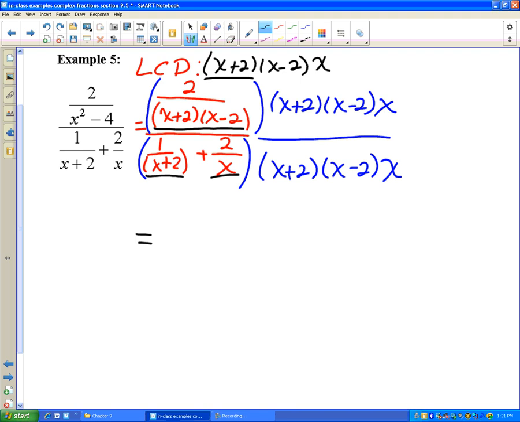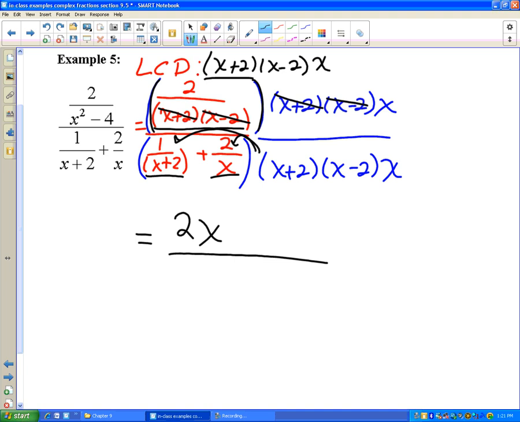One more time. Since this is one fraction in my LCD, in my numerator, in my top, I can go ahead and just cancel out what I have in common, the x plus 2 and the x minus 2, which leaves me with 2x. In my denominator, I'm not so lucky. I have to distribute over into the binomial, over that plus sign.